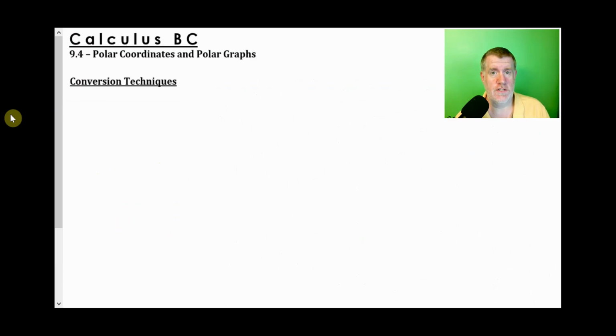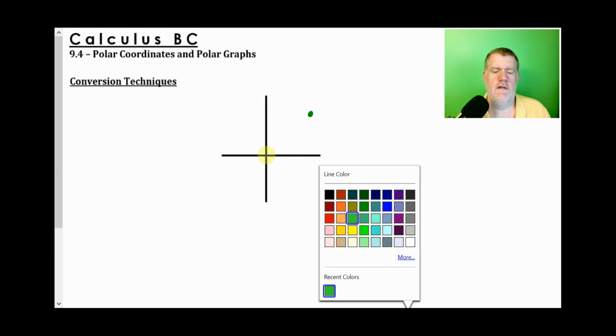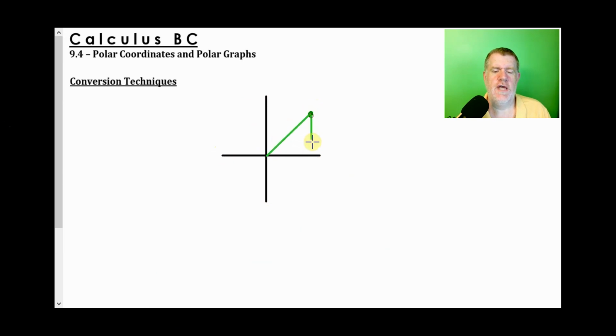Okay, now the question is, how do you convert polar to rectangular and rectangular to polar? And just think about what you've got. If you've got yourself a graph, and we have a point out here, it doesn't really matter what the point is, because if you look at this little triangle right here coming off the origin, what is the relationship? Well, we know that this is an x value and that's a y value, and that's a right angle.